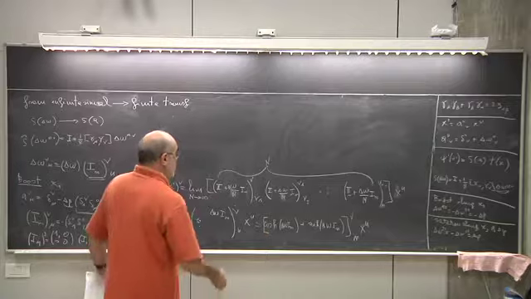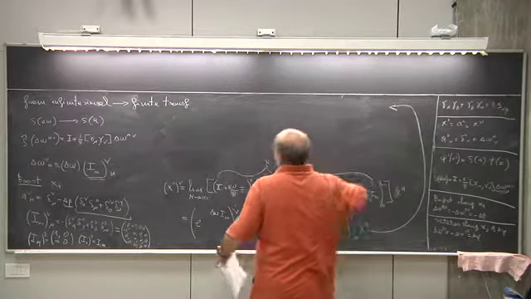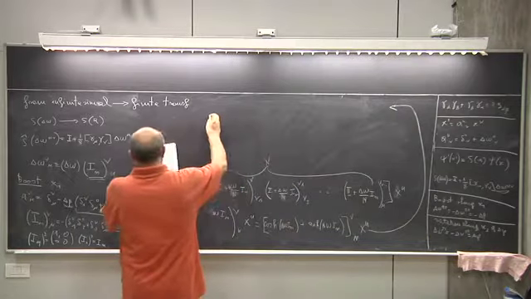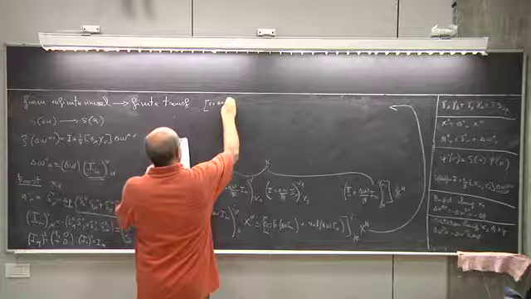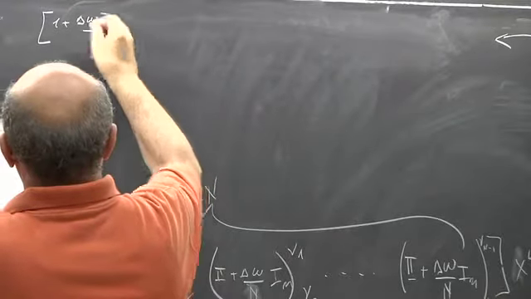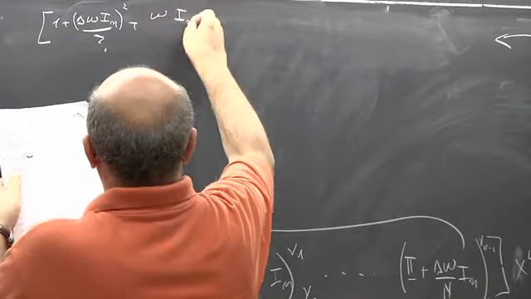Let's expand these. So let's go here. Then if you do, you get the following things. 1 plus delta omega I n over 2 factorial, squared. This is for the cosine hyperbolic.